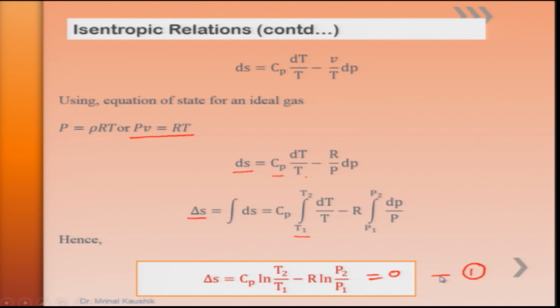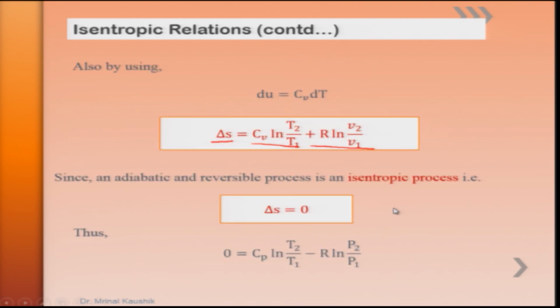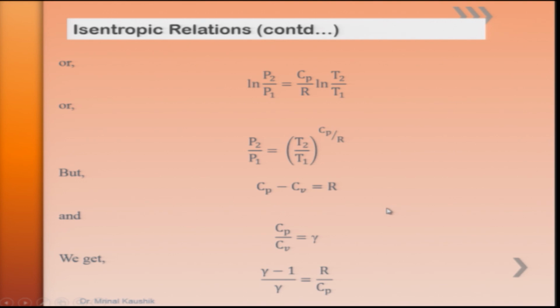Now, taking this equation, we get ln P2 by P1 becomes Cp by R ln T2 by T1. Since the ratio of Cp and Cv, that is gamma, is equal to Cp by Cv, and using Cp minus Cv is equal to R, that is Mayer's relation, we can straight away see that Cp can be written as gamma R upon gamma minus 1, and Cv can be written as R upon gamma minus 1.